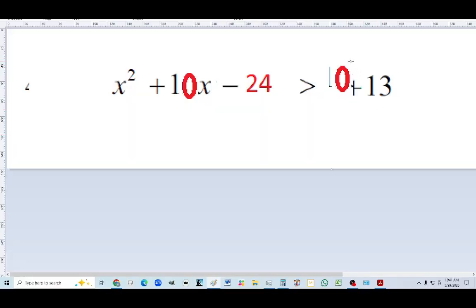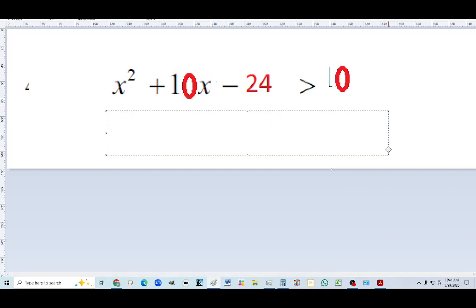Now we can factor. If this said equals 0, we would know it's going to be equal to 0 at the x-intercept. So now we know to factor, but it says bigger than 0, but we're still going to factor. What number multiplies to minus 24, but adds up to 10? The positive number is going to be bigger.